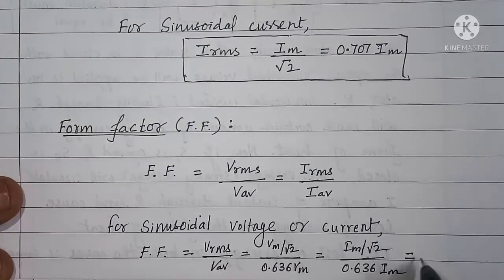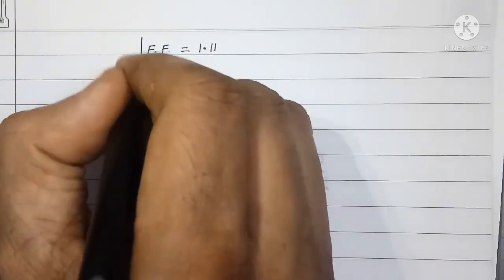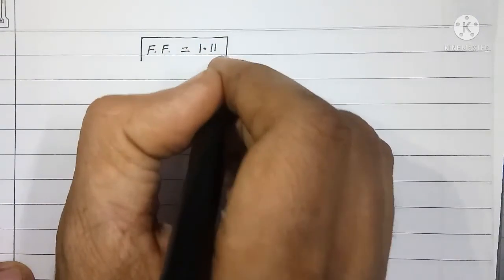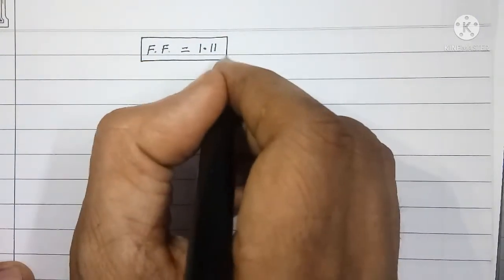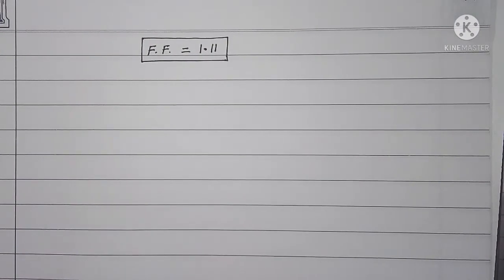On simplification, form factor value becomes equal to 1.11. So for sinusoidal quantity, form factor is equal to 1.11. This form factor is important because we make use of this quantity in deriving the expression for voltage induced in transformer and alternator.